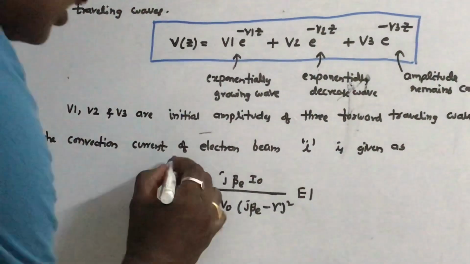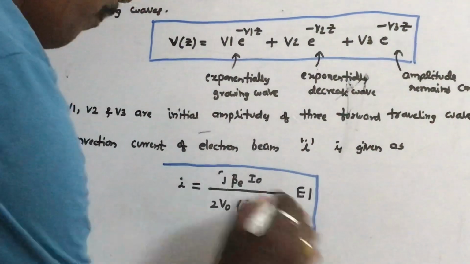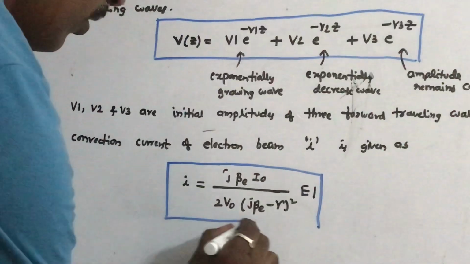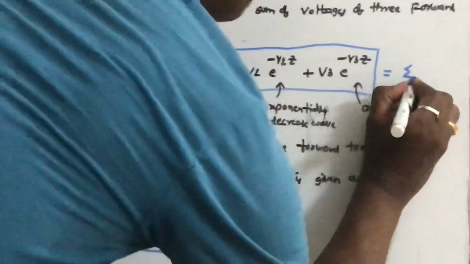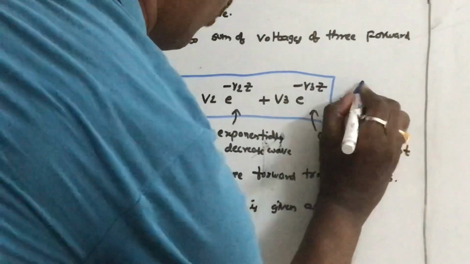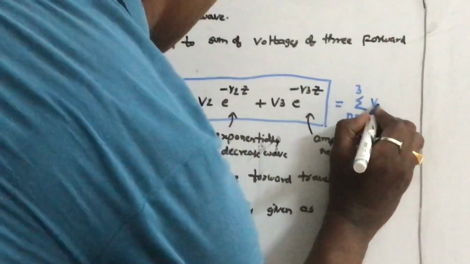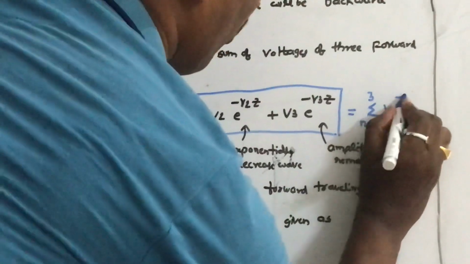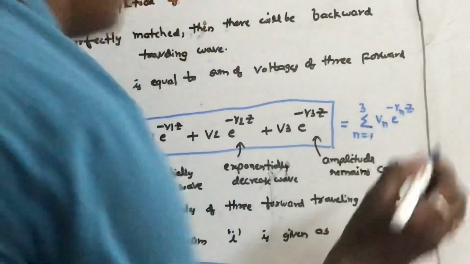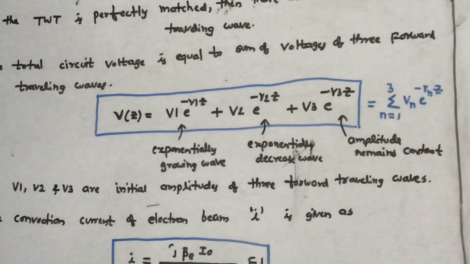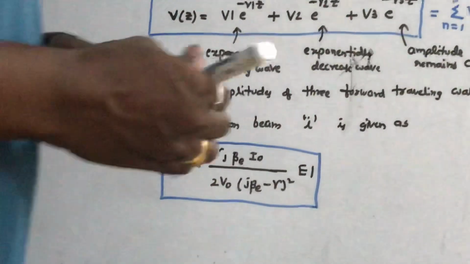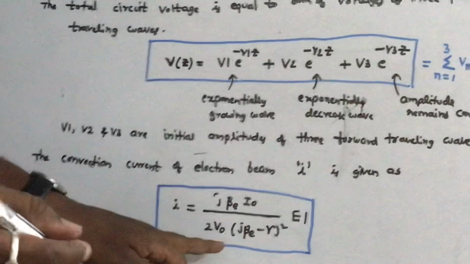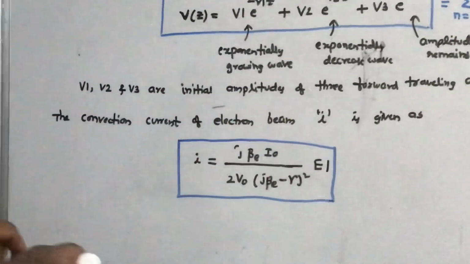We derived this expression in the convection current derivation. In terms of summation, this is written as sum over n is equal to 1, 2, 3 of Vn into e power minus gamma n into z. So this is the convection current. In this convection current, let us assume some assumptions.